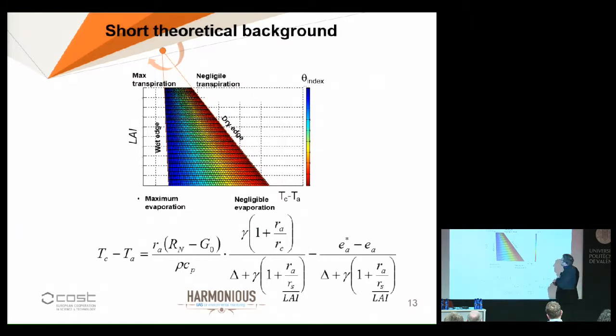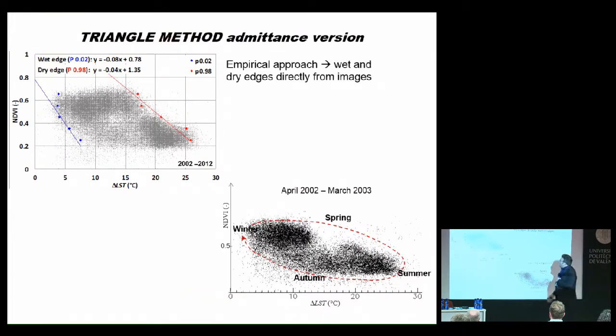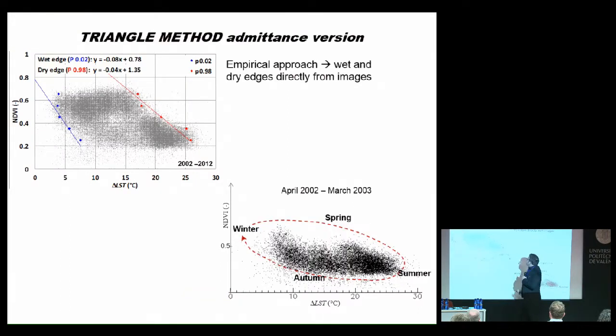Actually, this method can be applied also in a simpler, more operational way, using not leaf area index but other indexes like the NDVI, or not the difference of temperature but just the land surface temperature. And you obtain something like this.